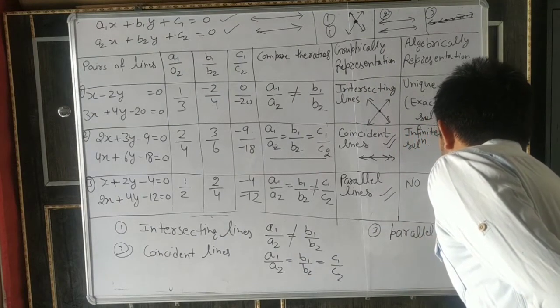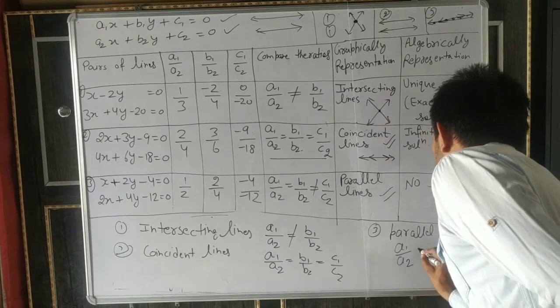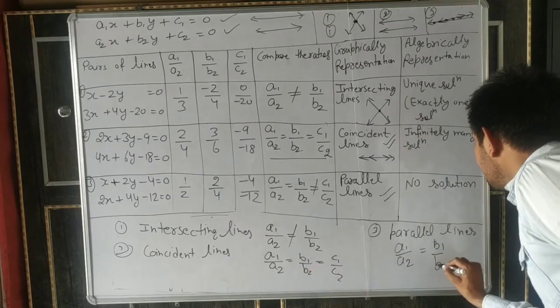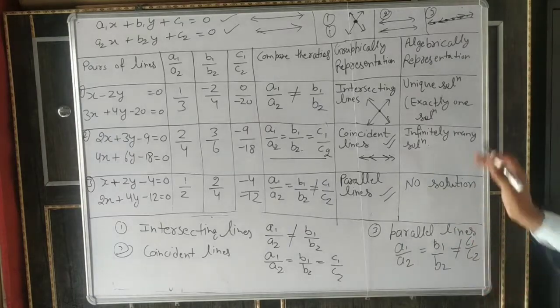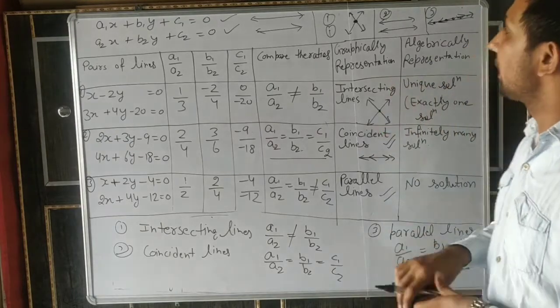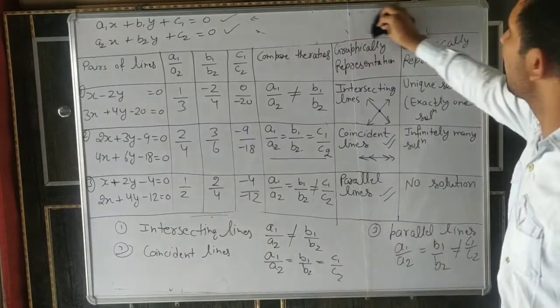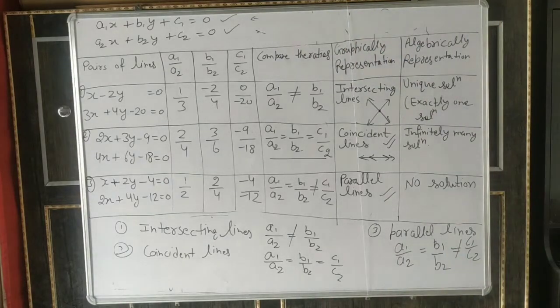If you want to check for parallel lines, A1 by A2 equal to B1 by B2, but the third is not equal. So you have to remember this table. If you understand this table, all questions you can do yourself.